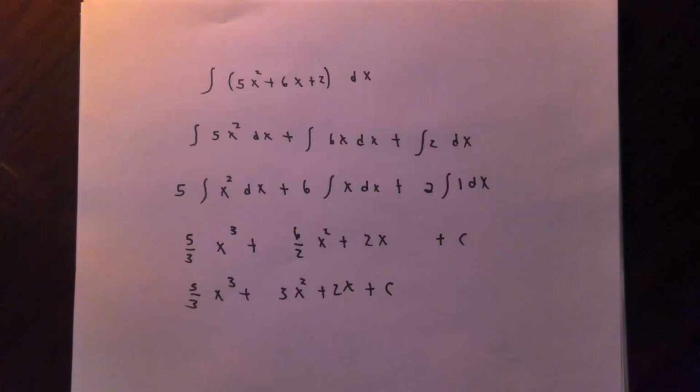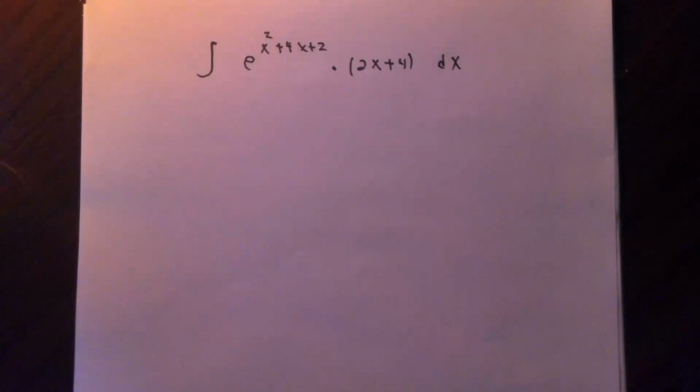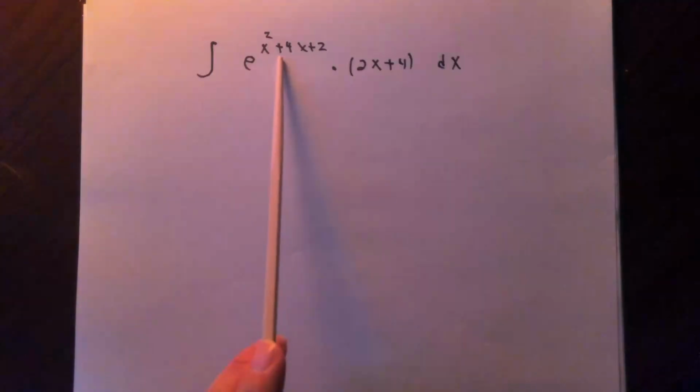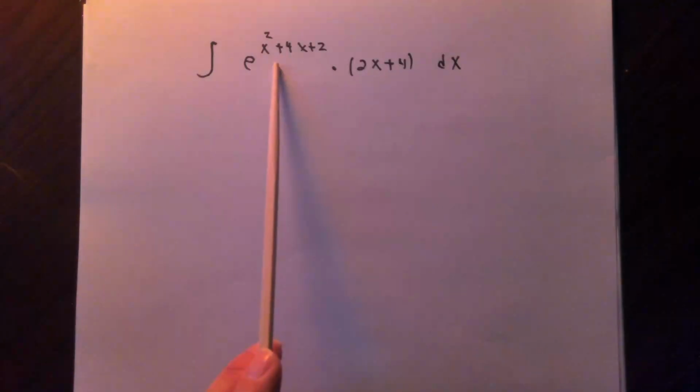As an example of why we use the alternative letter u in all of our formulas, imagine that you wanted to do an integral where you had a product of an exponential function with a polynomial. The thing that's being fed through the exponential function, though, isn't just x.